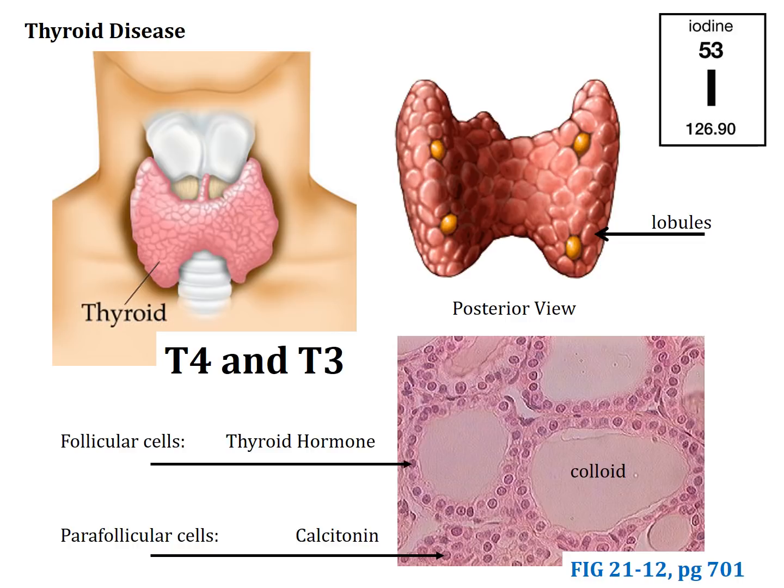T3 and T4 each have iodine as part of their chemical structure. The thyroid gland is the only gland in the human body which utilizes iodine. And do you know, from a dietary standpoint, where we get the majority of our dietary iodine?